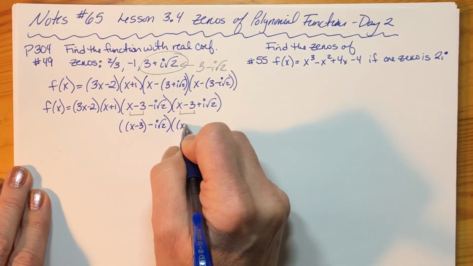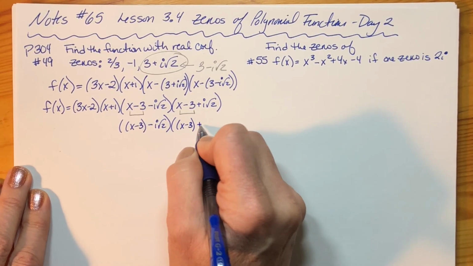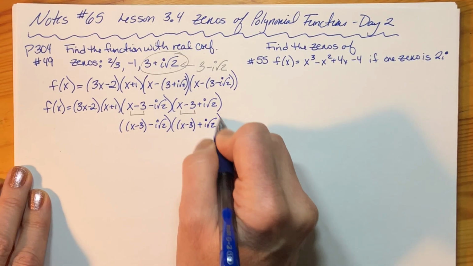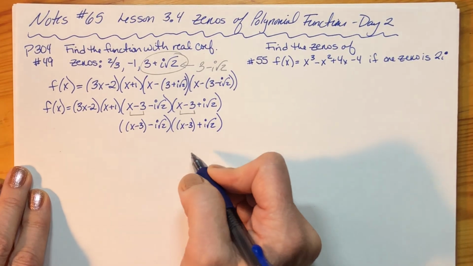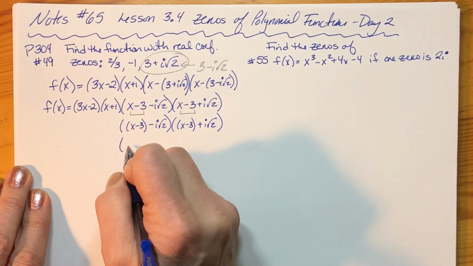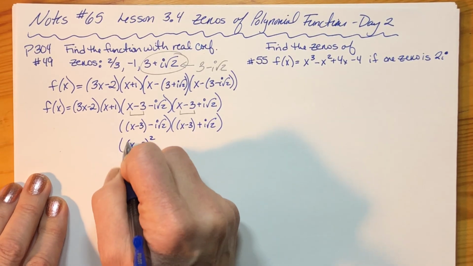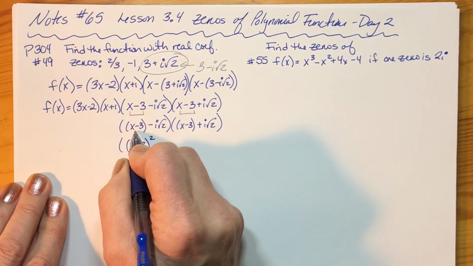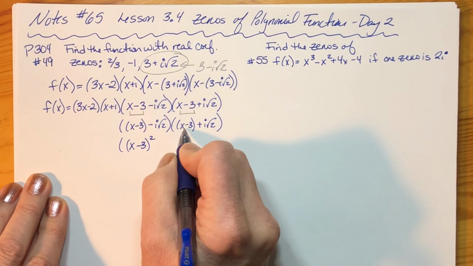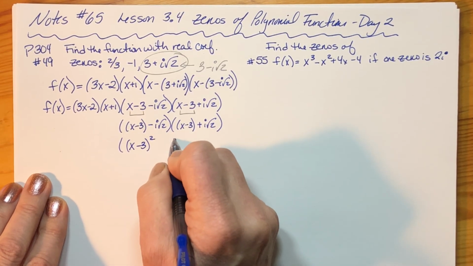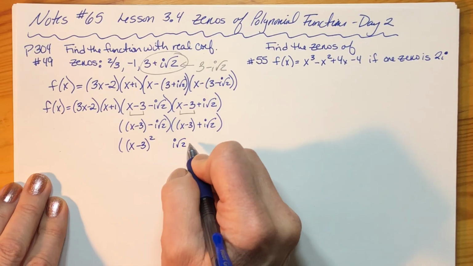Look what's coming together. Oh my goodness. Do you see it? It's the difference of two squares. So it's x minus 3, the quantity squared. If I FOIL this together, I've got a perfect square and another perfect square, i root 2, perfect square.